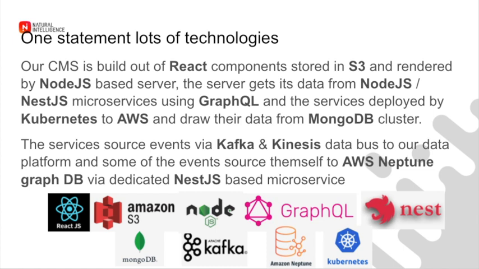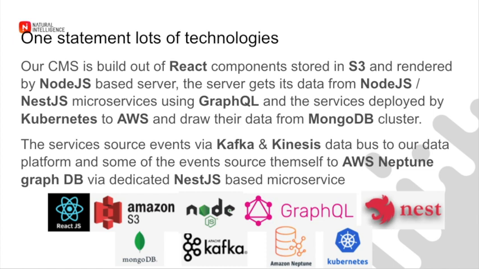So before I give the stage to Aviem, in order to take you on the journey to our data platform, let me summarize a bit. Our CMS solution is based on React components stored within AWS S3 and rendered by a Node.js-based server, Rapido. The server gets its data from Node.js and Nest.js microservices using GraphQL, and the services themselves are deployed by Kubernetes to AWS and store the data in MongoDB clusters.